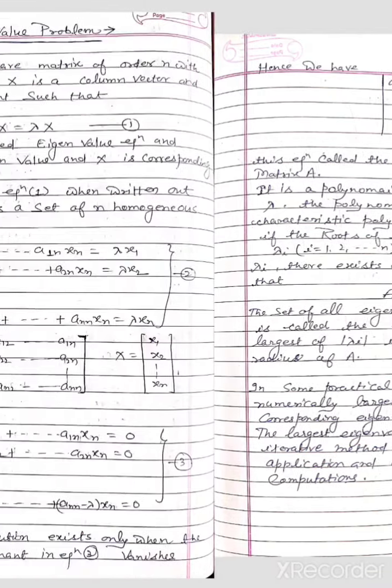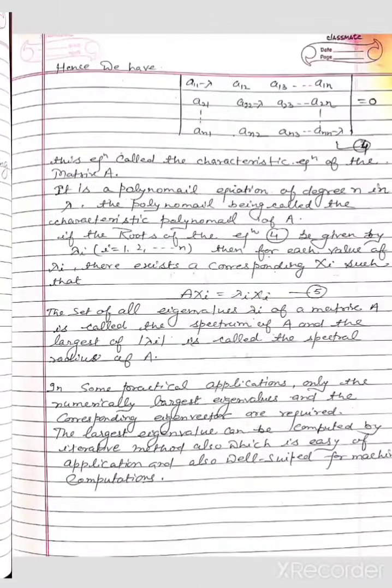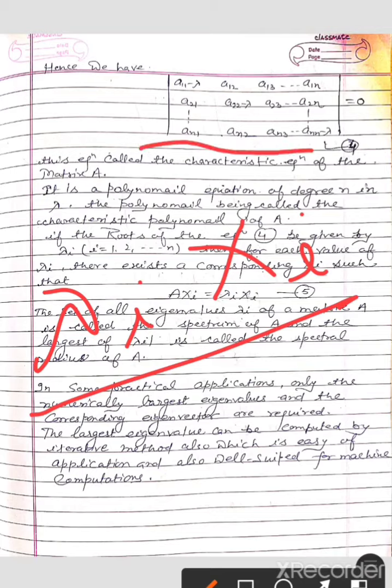So this is all about the matrix eigenvalue problem. If in a problem only the lambda i's and xi's are required, then we solve by obtaining the characteristic equation, solving it, and computing the corresponding xi.